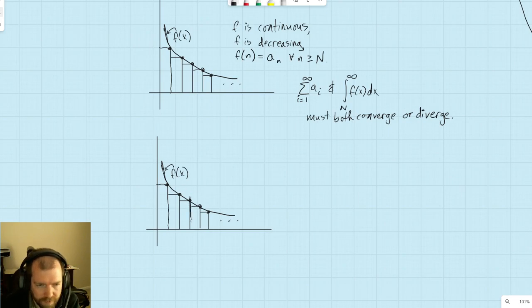So my explanation for this was that here we choose some arbitrary n that's going to work and say, okay, either it's going to converge or diverge. It doesn't really matter.